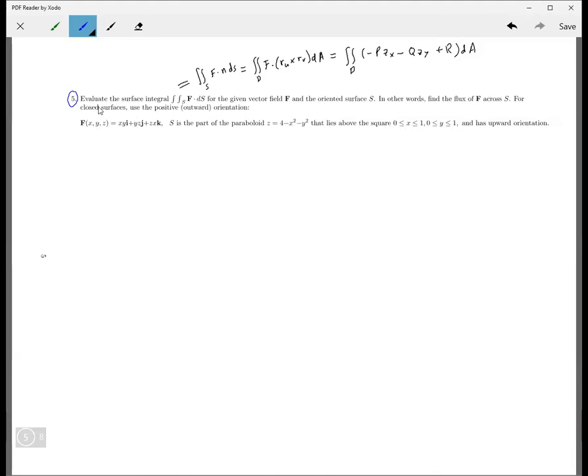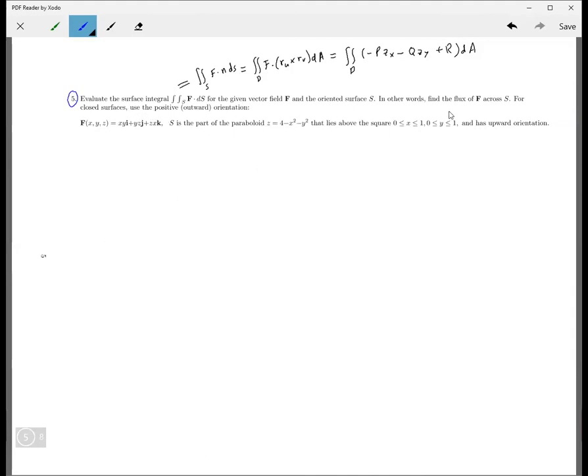And the flux across would be like, for example, if it was motion of water and you had some surface, not really a surface of an object, but just some area or some place, then the flux would be the amount of water that's flowing past, in a certain direction.